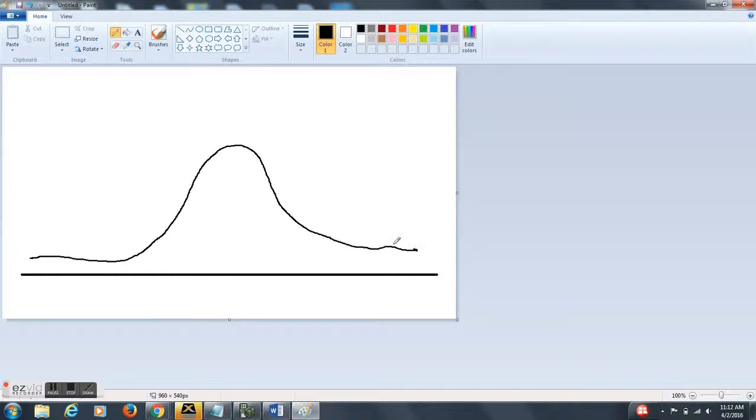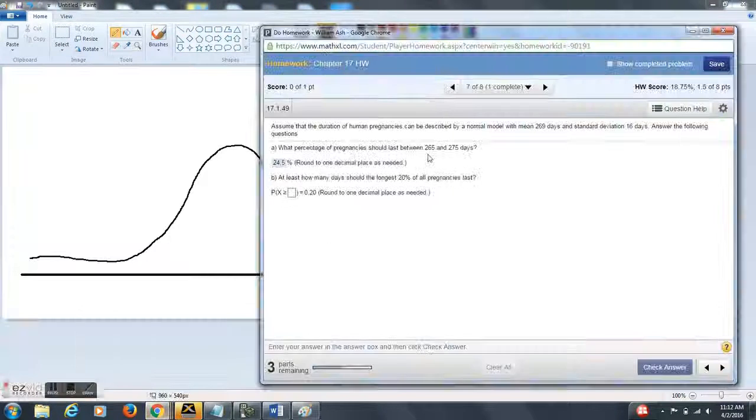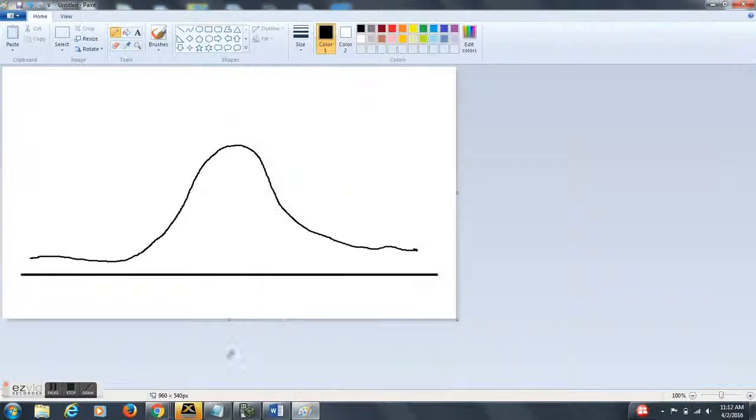I'm not super good at this, but they want the longest 20%. The 20% is an area under the curve, so that's 0.2. I need to find my z-score.